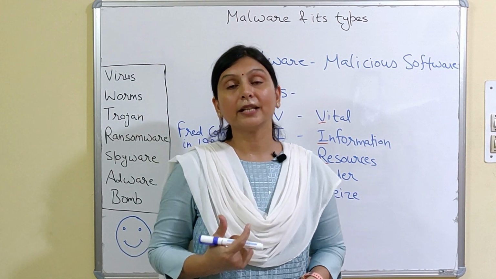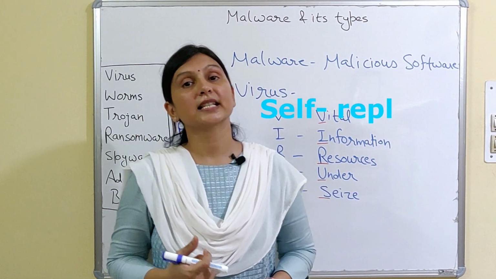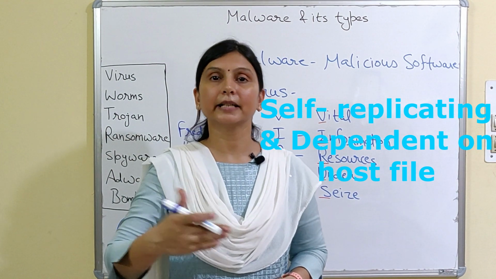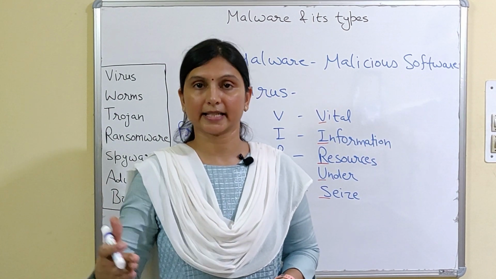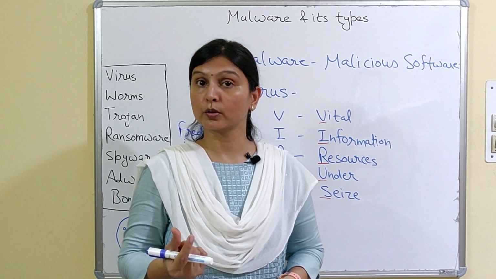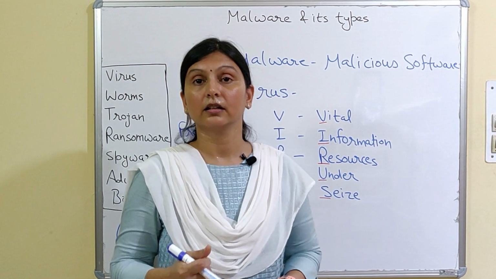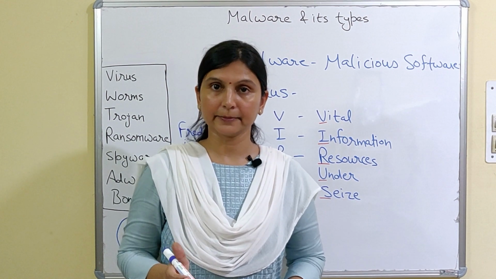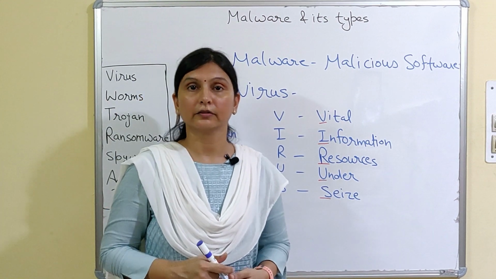And the main property of a virus is that it is self-replicating. Replicating means it can multiply itself, it can copy itself. But it needs a host program, it needs a host file to get executed. I hope it is clear. So this is about virus.